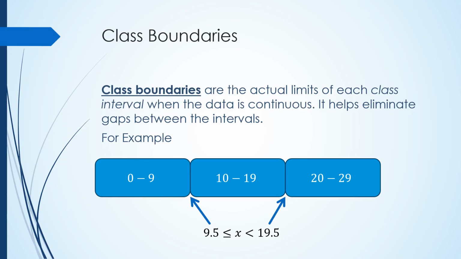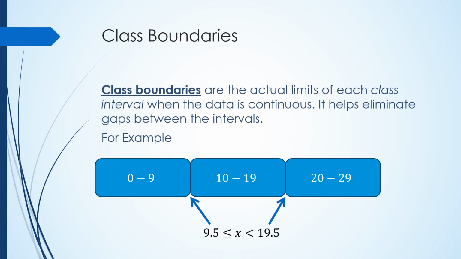The lower class boundary is halfway between 9 and 10, which is 9.5, and the upper class boundary is halfway between 19 and 20, which is 19.5. We use these boundaries because when rounding to the nearest whole number, values from 9.5 and above are written as 10, while values less than 19.5 are written as 19. However, 19.5 itself belongs to the next interval, 20 to 29, because it rounds to 20. This pattern applies to all class intervals.